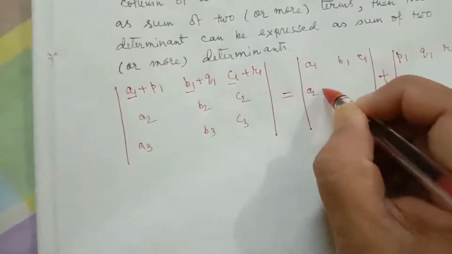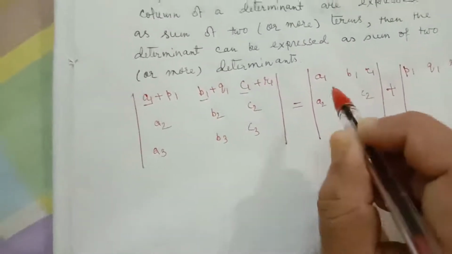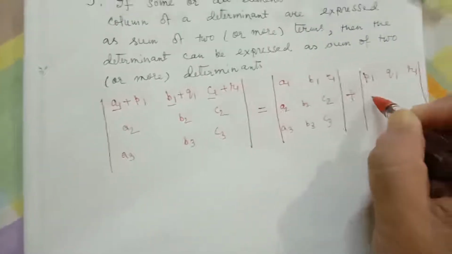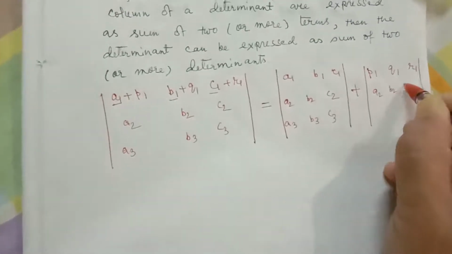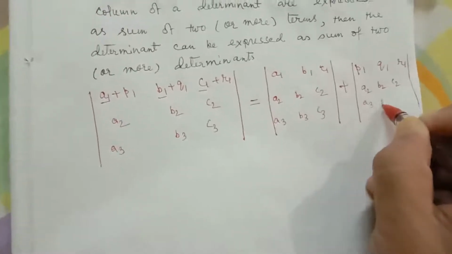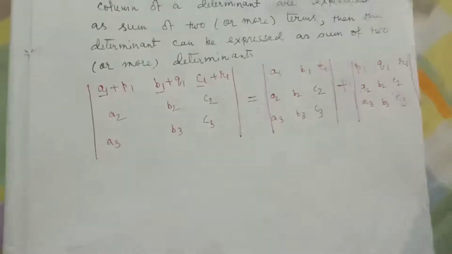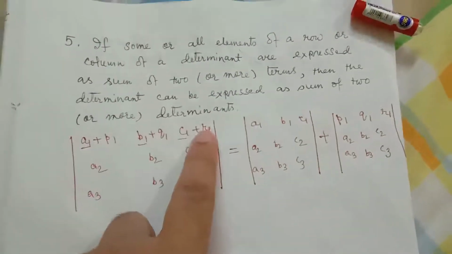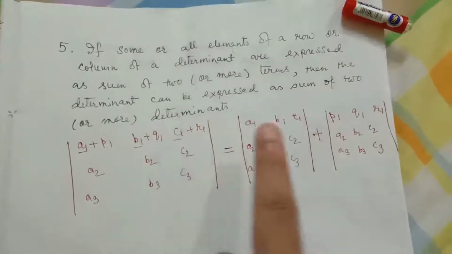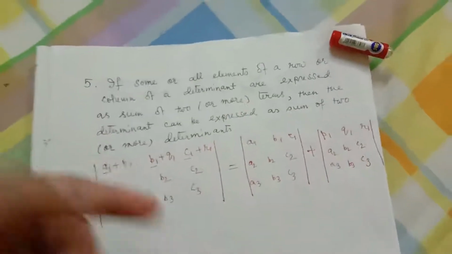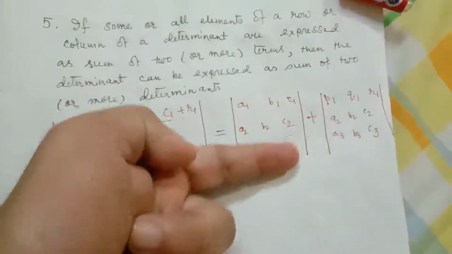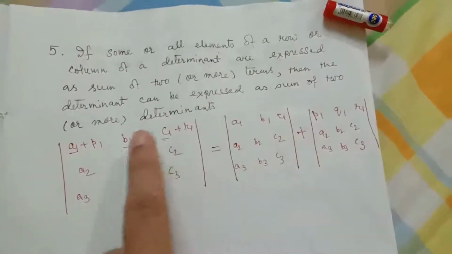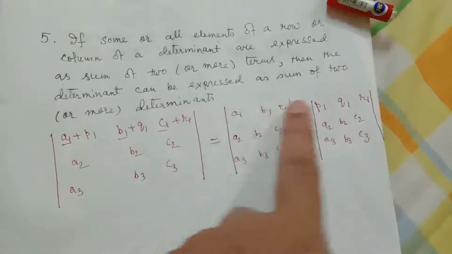That means you have to write a2, b2, c2, a3, b3, c3 in the first determinant as well as in the second determinant. We have to write the same elements. So if each element of a row is sum of two elements, then we can break this determinant into two parts. These two rows will be same in both the determinants. The first elements will be in the first determinant, the second elements will be in the second determinant.